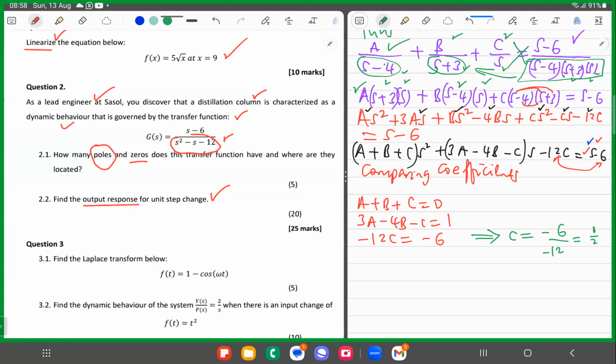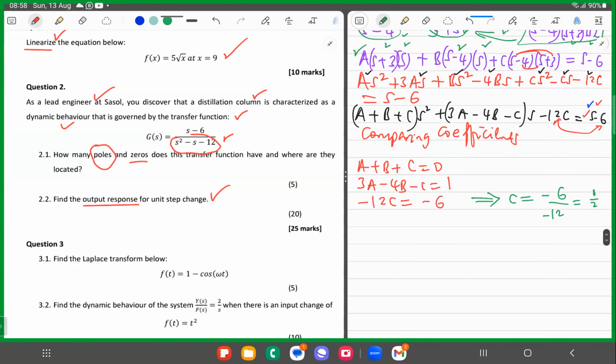Once we're here, we just need to use the other equations to get the results. So we can substitute this into that equation and see what we get. In the top one, we shall have that a plus b is equal to, putting c equals 1/2, you move it to the other side, so it's minus 1/2.